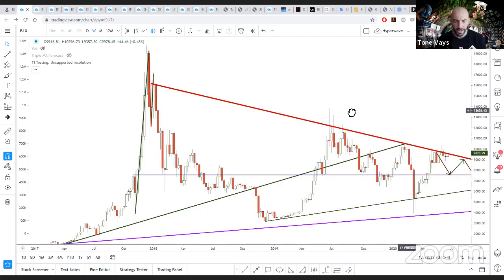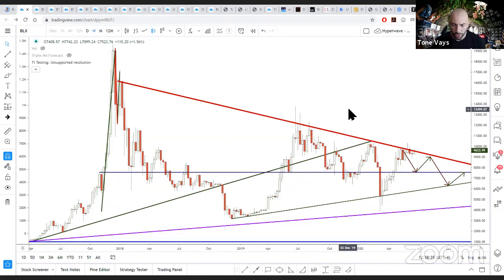Look, nothing has changed. We have the news, or the rumor, that PayPal is going to let you buy and sell Bitcoin, something they probably should have done 10 years ago when Coinbase started doing it, because they missed out on an extra $1 billion of valuation.